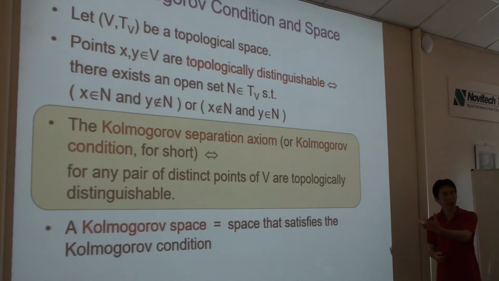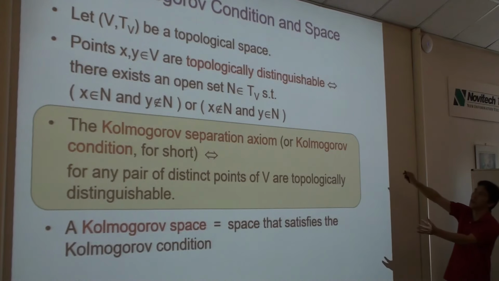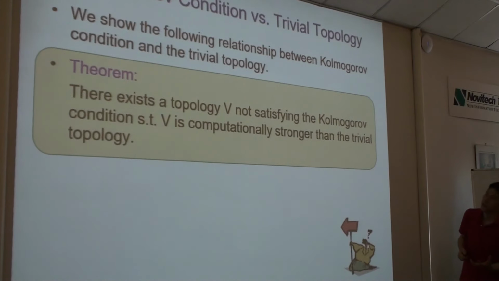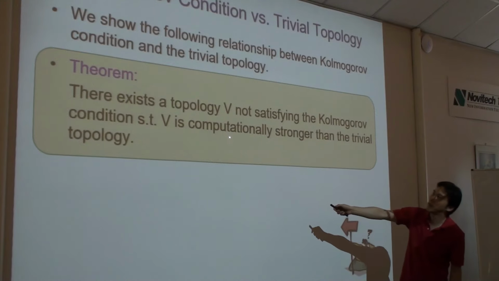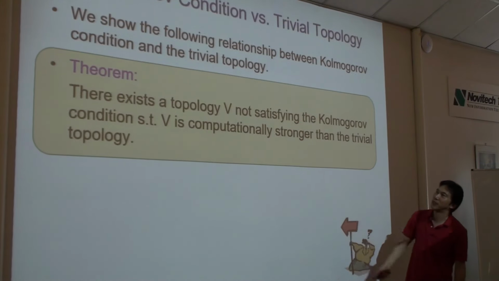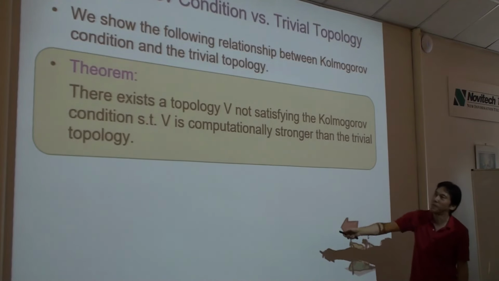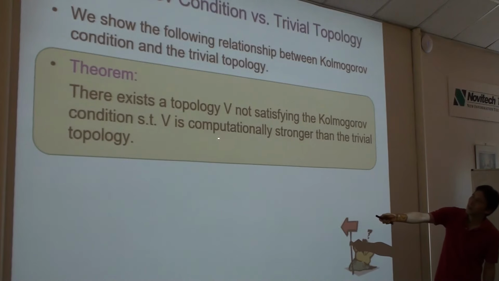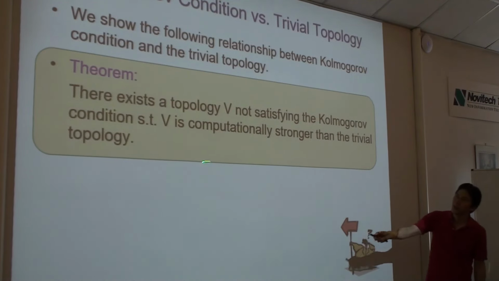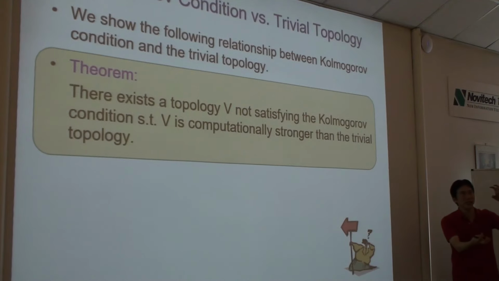Well, we can think about a much weaker condition. This property is actually stronger than the trivial topology. So the theorem says there exists a topology not satisfying the Kolmogorov condition, but it is computationally stronger than the trivial topology. The trivial topology is the weakest, and so we can find something in the middle between the weakest and the strongest topologies.